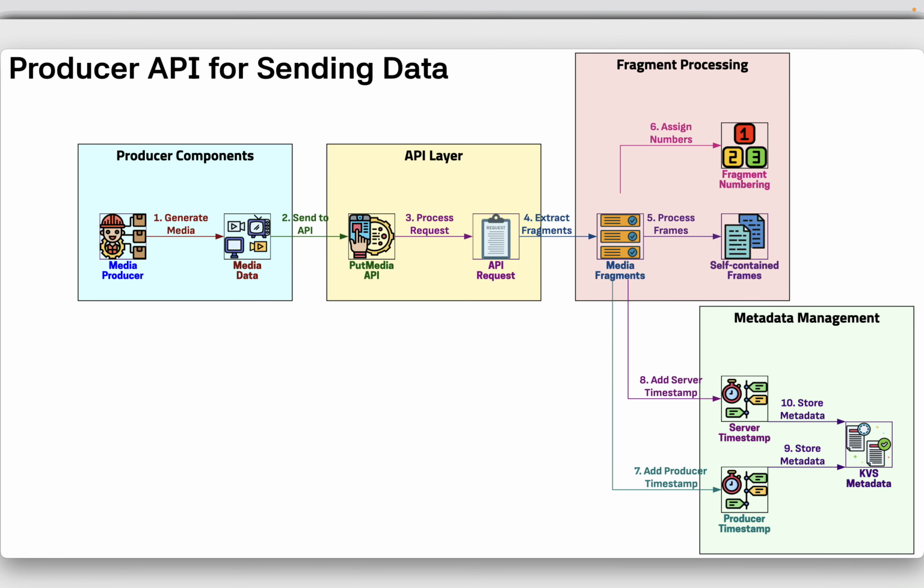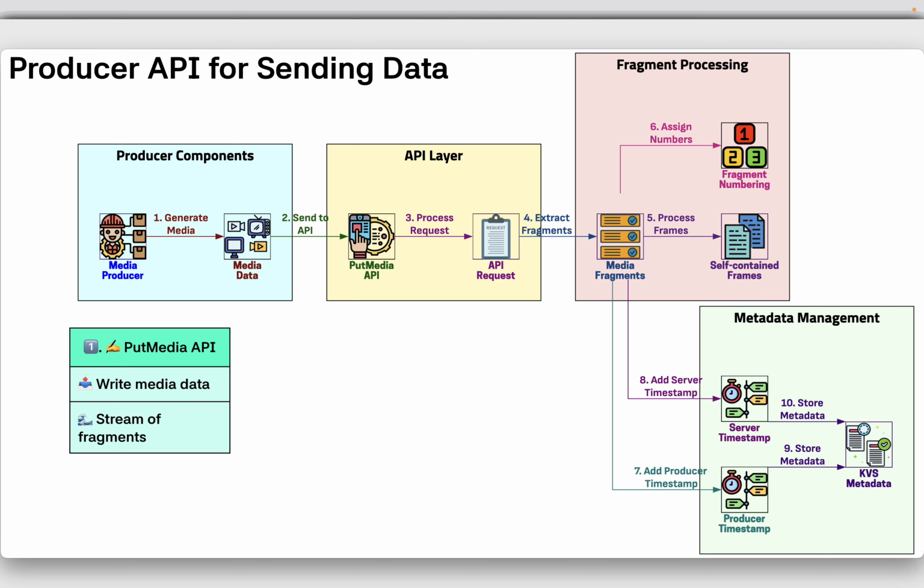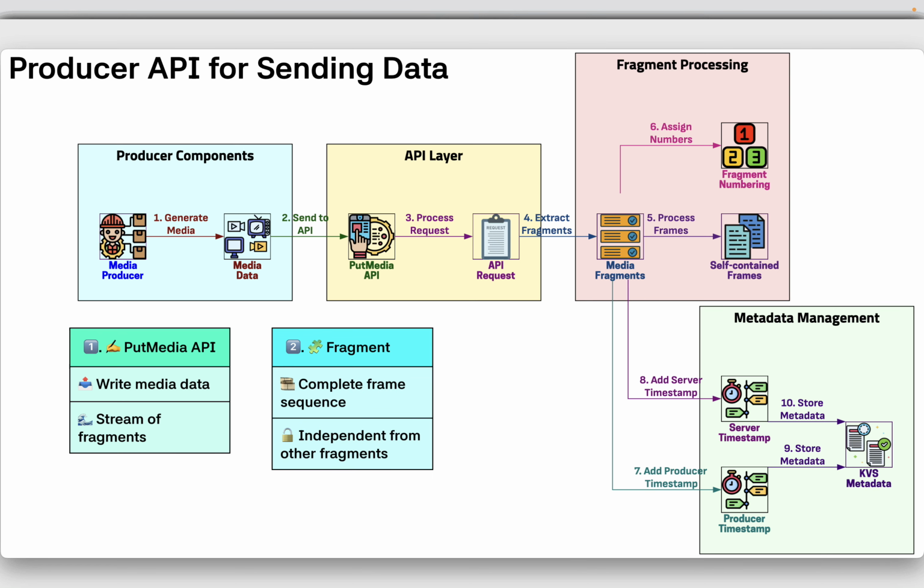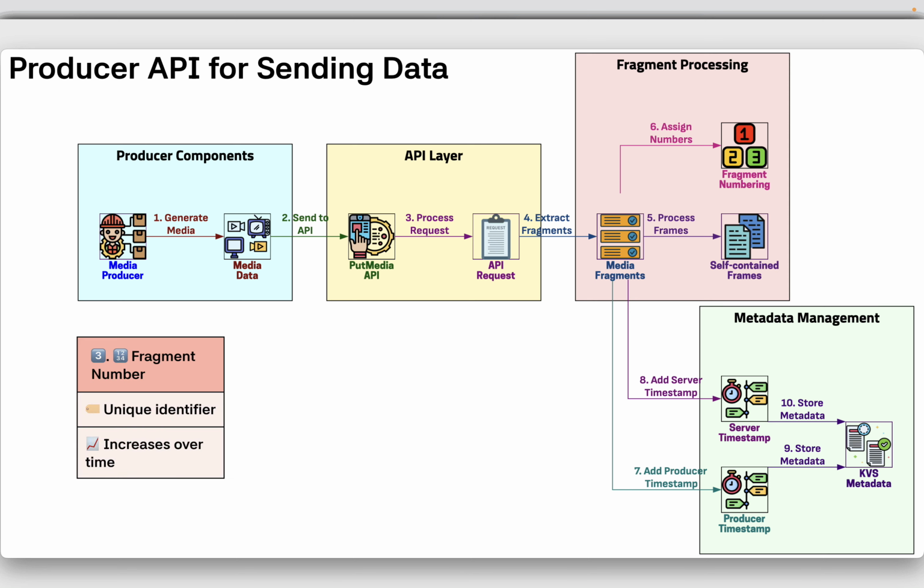Producer API, sending data. So first is the PutMedia API, and this lets a producer write media data to a Kinesis video stream. The producer sends a stream of media fragments in a PutMedia request. A fragment is a complete sequence of frames. The frames in one fragment do not depend on frames in other fragments.